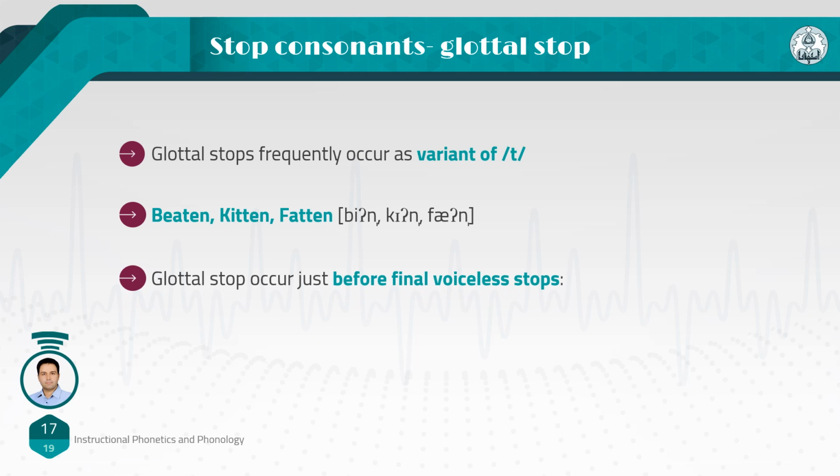Many speakers in both Britain and America have a glottal stop just before final voiceless stops in words such as rap, rack, and rat. This is the glottal stop: rap, rat, rack.